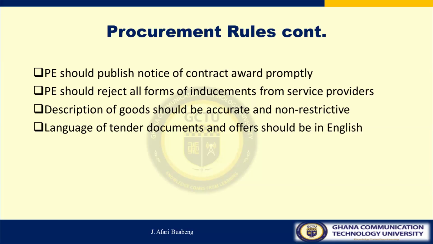So once the process is done, a successful tenderer is selected, and then the contract is signed. I mean, when the successful tenderer is selected, then we need to publish the notice of contract award promptly.